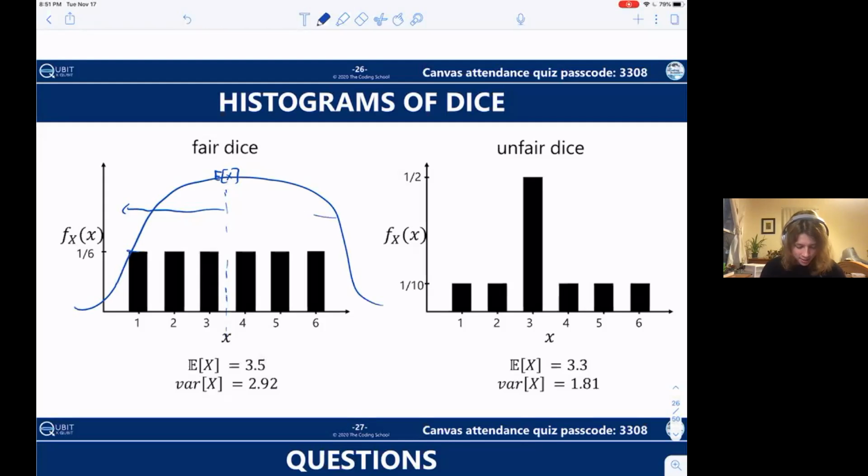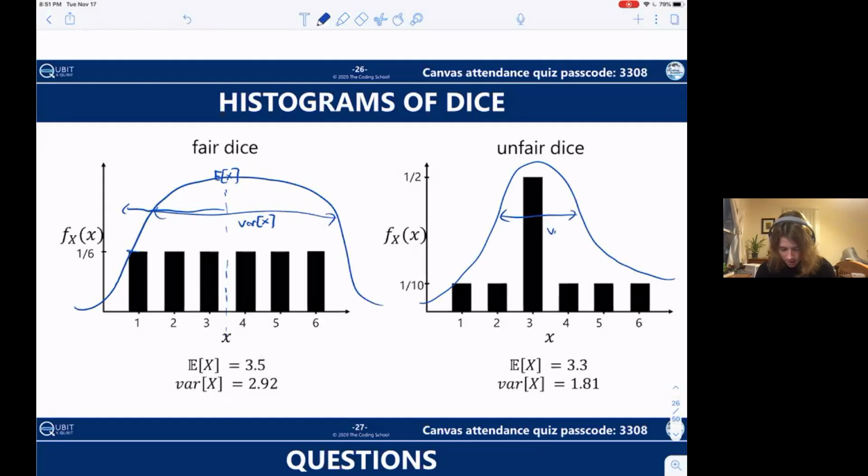And so this would be a description of our variance. While over here, we would instead draw a skinny little bell curve. And so this is our variance here. That's how I think of it: how much your outcomes will vary from your expectation value. And that can be described as a function of these histograms.